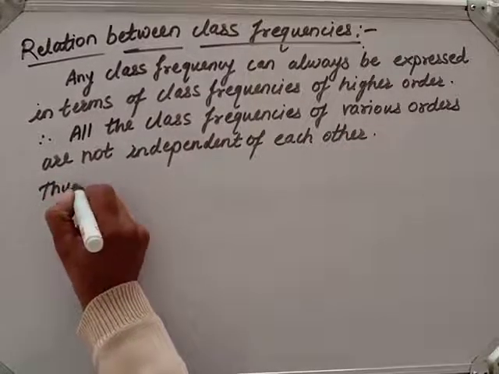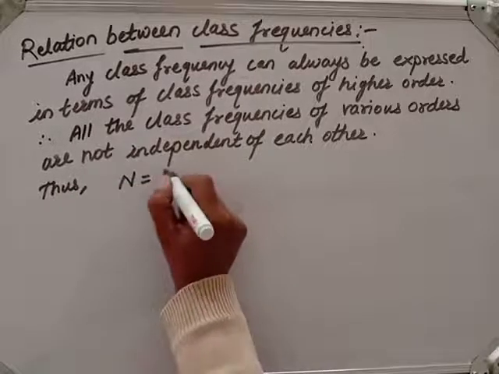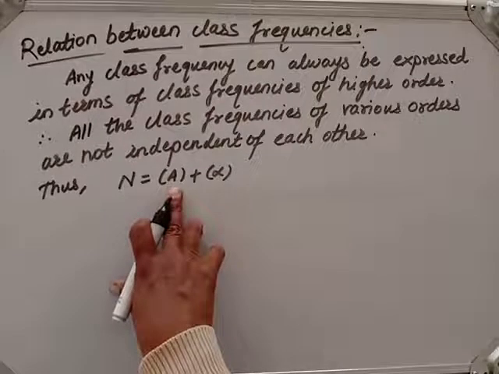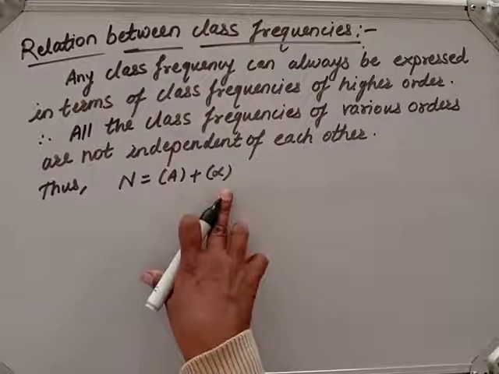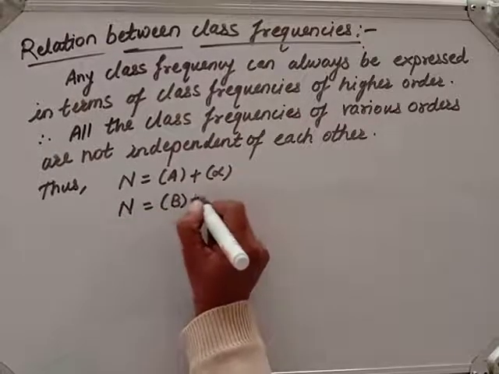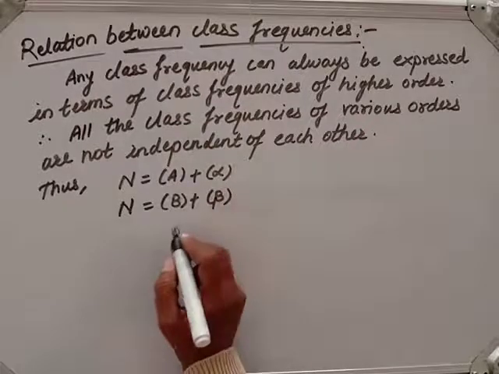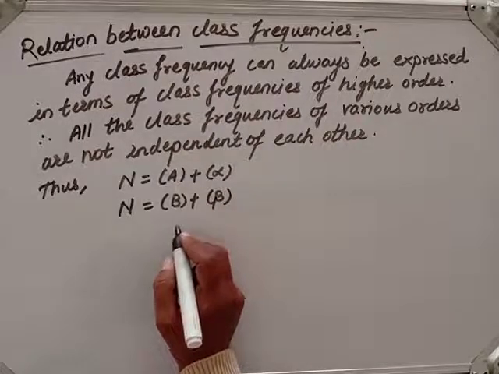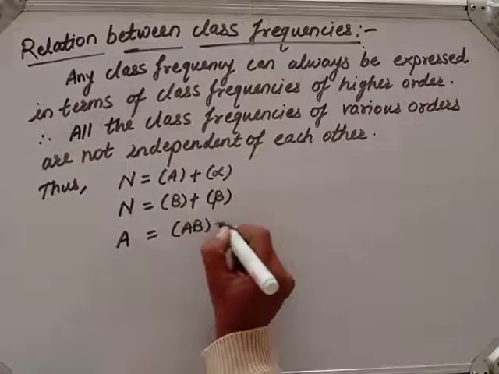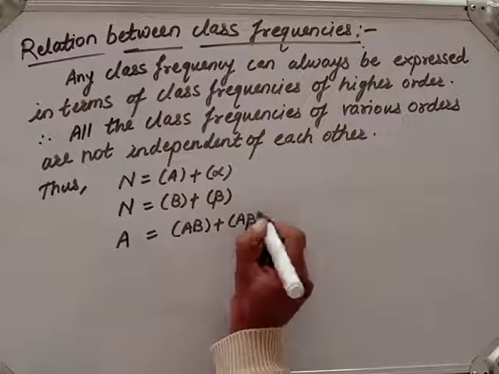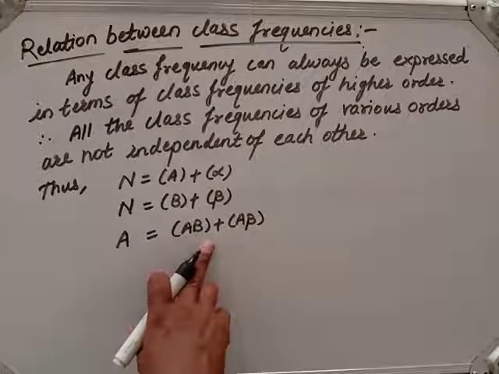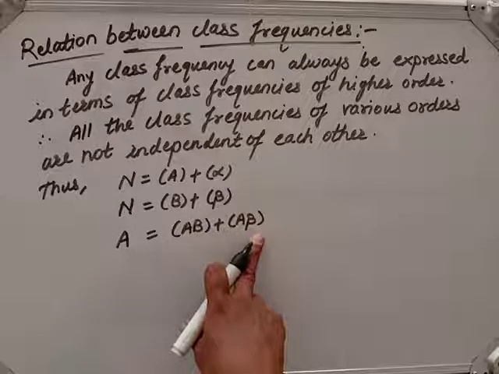Thus, this N will be A plus alpha, because A is the presence of an attribute and alpha is the absence of the attribute. Similarly, N can be written as B plus beta. Again, A can be written as AB plus A beta. So AB gives presence of both; here A is present, B is absent.